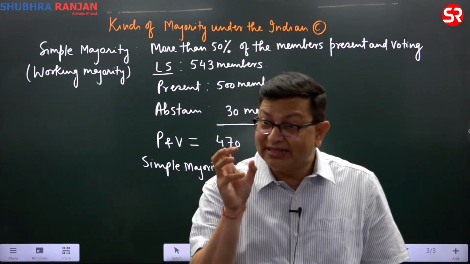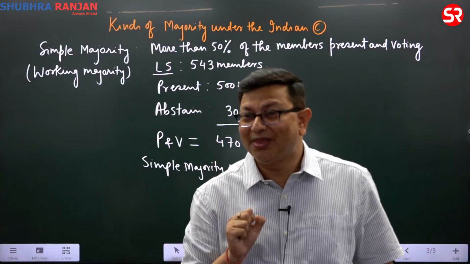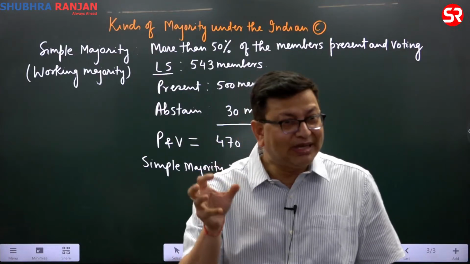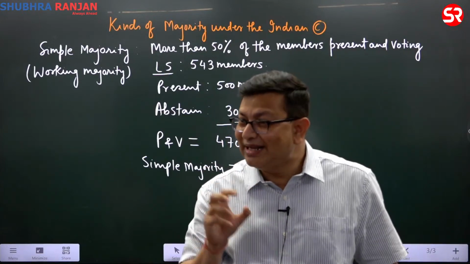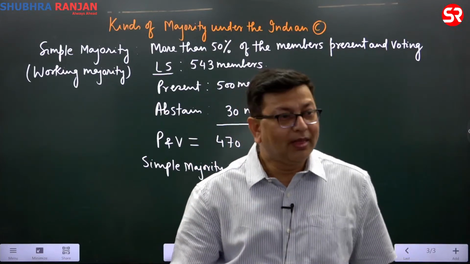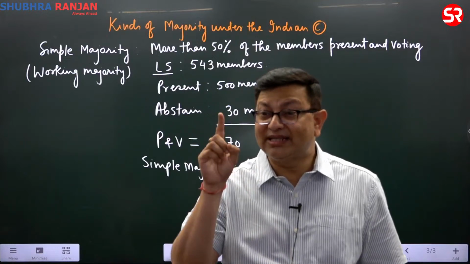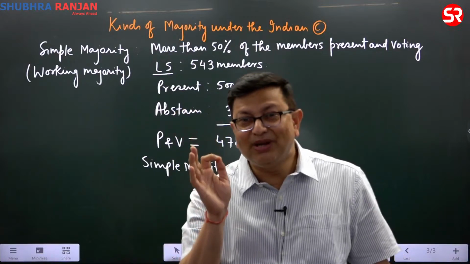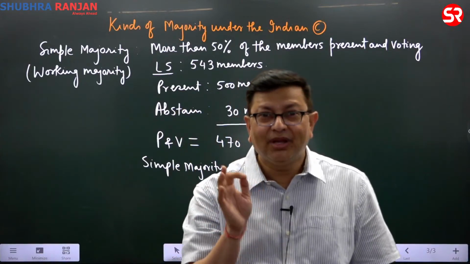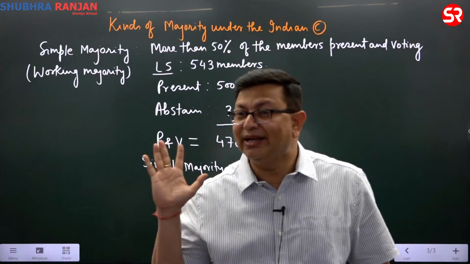You need to know such small basic things. You are present in the class, but you did not take part in the voting. That is abstain. So, present and voting will be 60 divided by 2 plus 1. This is the simplest majority that is required under the Constitution of India.